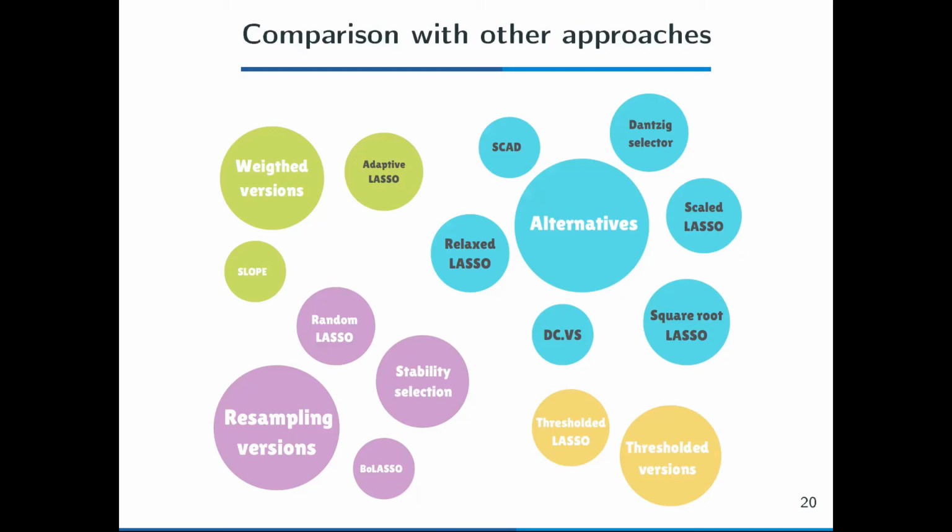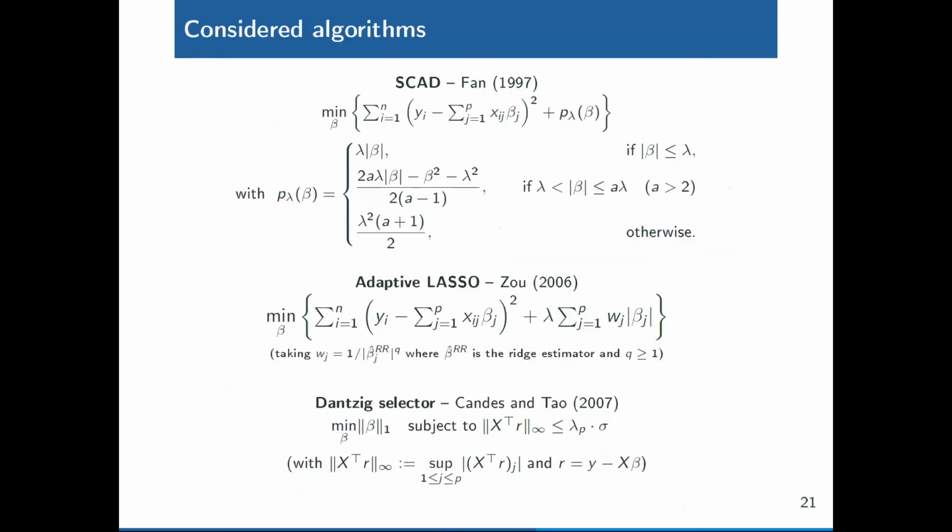So here, the algorithms considered are the SCAD algorithm of 5 and the adaptive Lasso of 2. Both perform a bias reduction and improve the selection of covariates. Besides, we consider the Dantzig selector of Candès and Tao, which is consistent to orthogonal transformations.